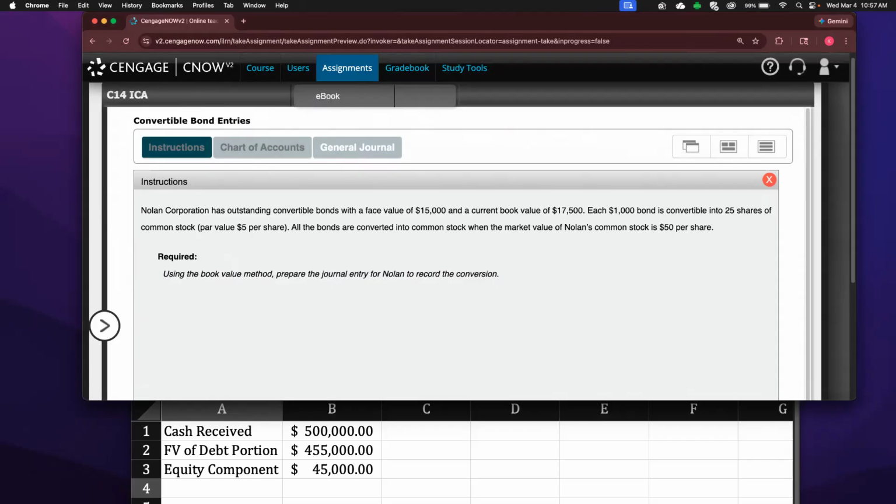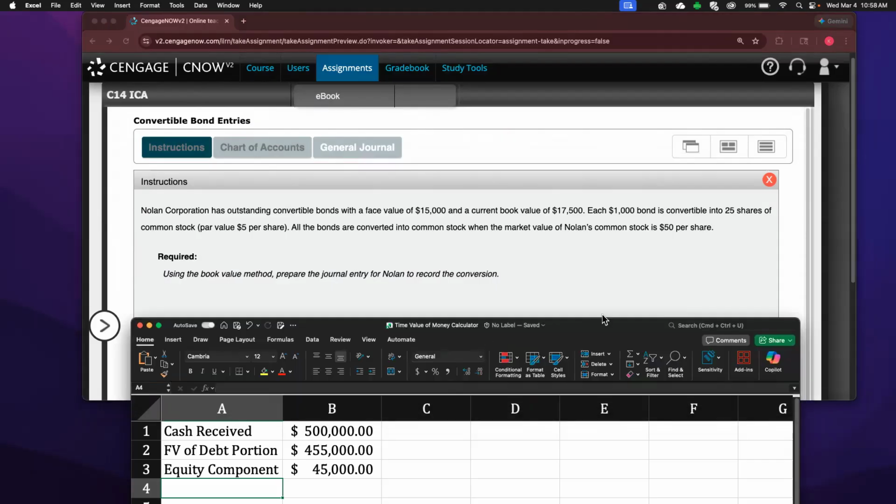Nolan Corporation has outstanding convertible bonds with a face value of 15,000 and a current book value of 17,500. Each $1,000 bond is convertible into 25 shares of common stock, par value $5 per share. All the bonds are converted into common stock when the market value of Nolan's common stock is $50 per share. So we're going to use the book value method to prepare the journal entry for Nolan to record the conversion.